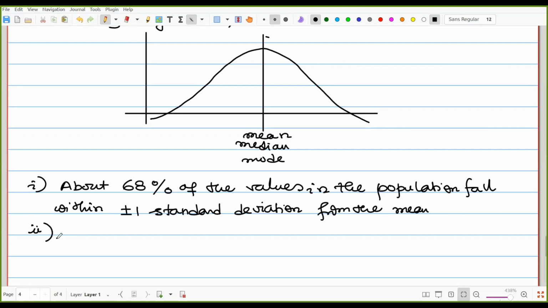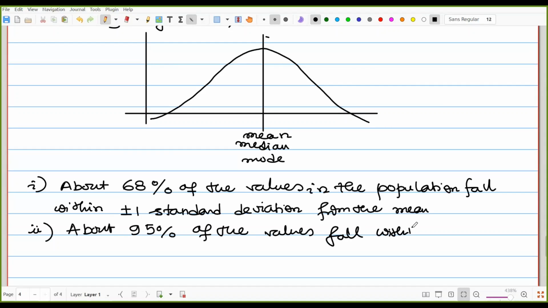Second one, about 95% of the values fall within ±2 standard deviations from the mean.